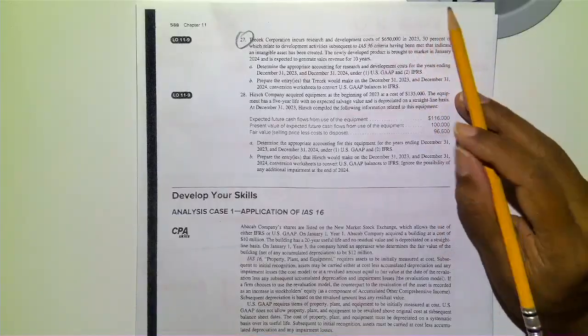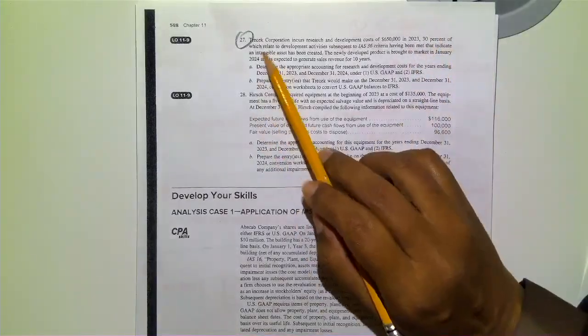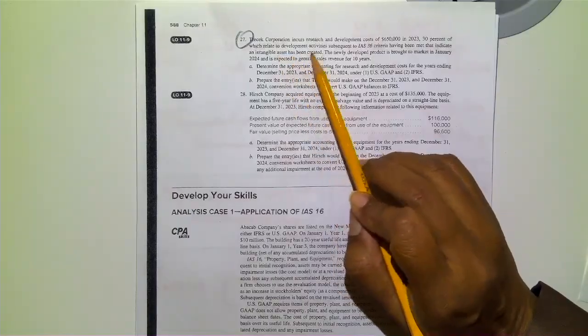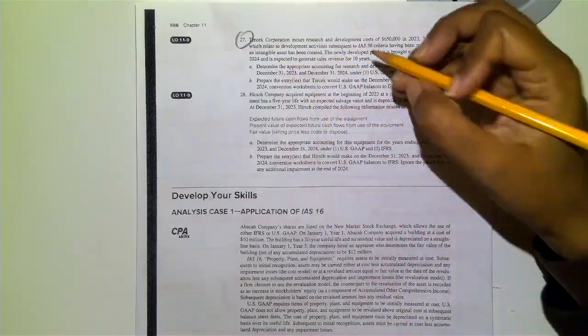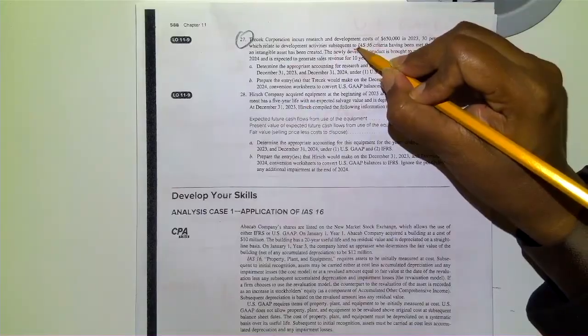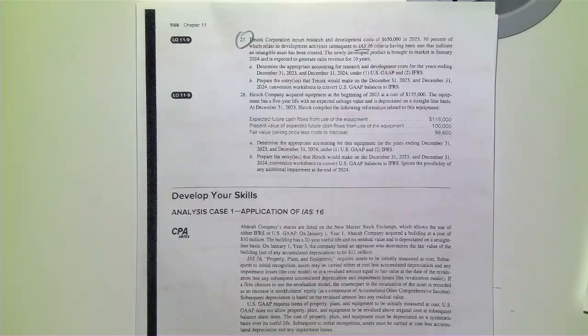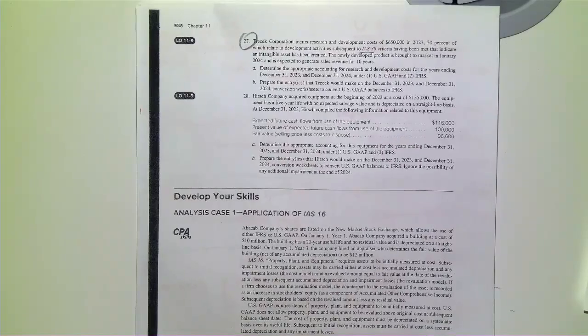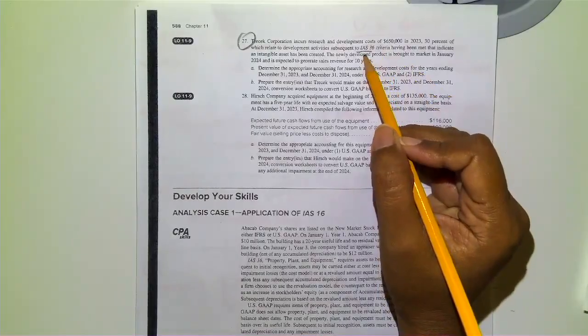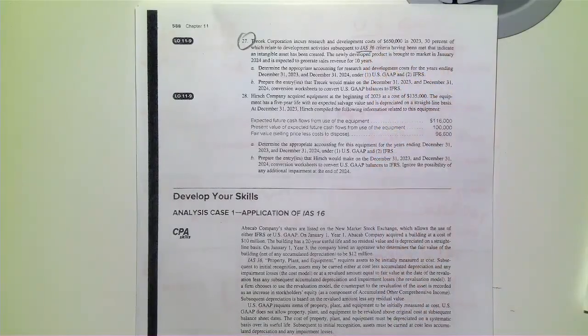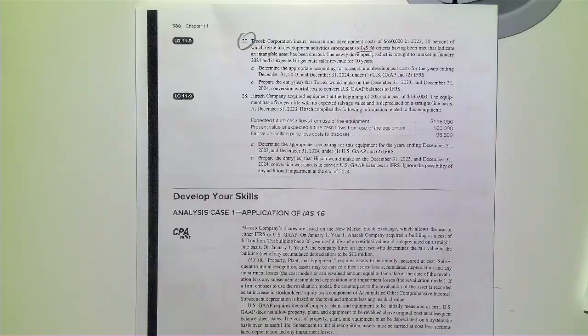Again, it will have 2 years, 30% of which relate to development activities subsequent to IAS. You remember IAS, this is like the IASC or IASB standards. They were prepared by IASC, they call it IAS. Later, IASB came in, IFRS.